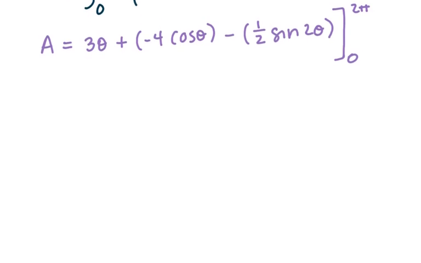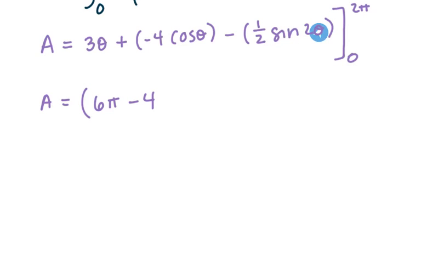Okay, so now let's actually think about this. So let's plug in our 2 pi. So, well, 3 times 2 pi is simply 6 pi. Cosine of 2 pi is just going to be, the x value at 0 is 1. So that's just going to be a minus 4 times 1, which is minus 4.